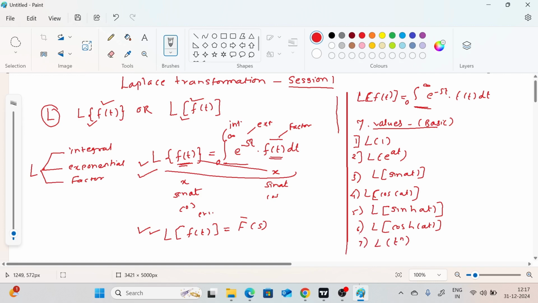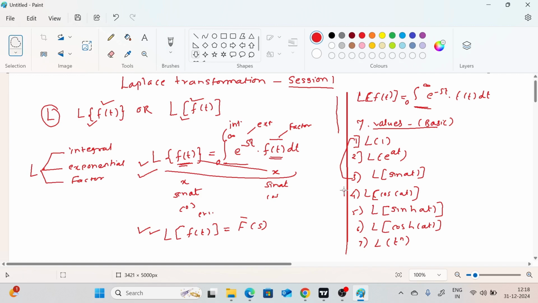These are the seven formulas which we need to derive in upcoming sessions as well. But today we are going to discuss the first three. If I get some time, I can also cover the fourth one.